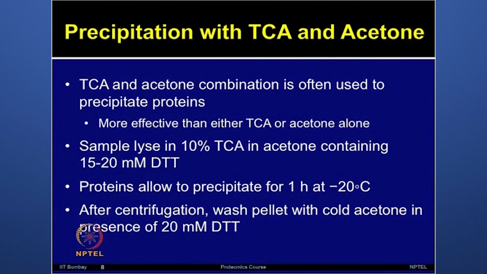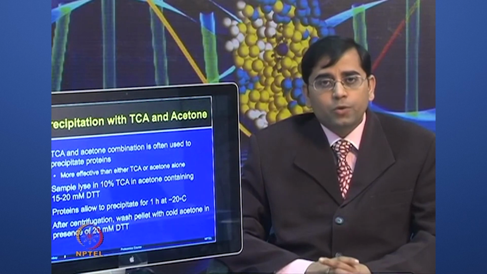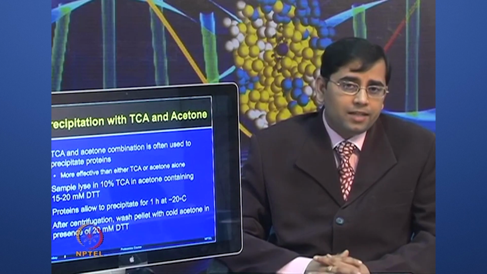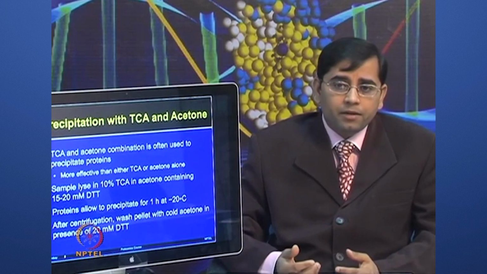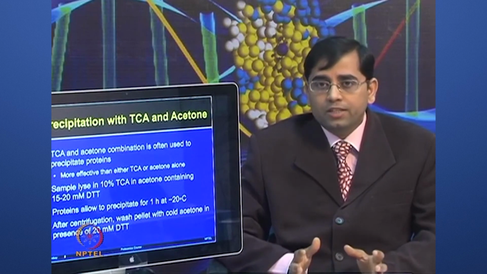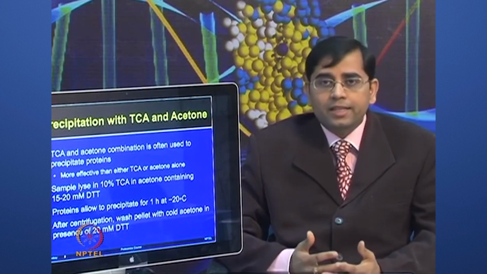So, as a recommended concentration, one can try to lyse the samples in 10% TCA made in acetone and also add 15 to 20 millimolar DTT. Now, allow the protein samples to precipitate for an hour or 2 hours at -20 degrees, centrifuge, and the pellet can be further washed with acetone alone. Try performing the whole procedure in cold conditions, so that you can avoid proteolytic degradation.